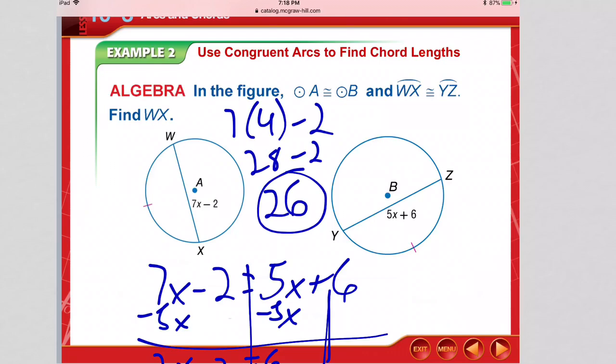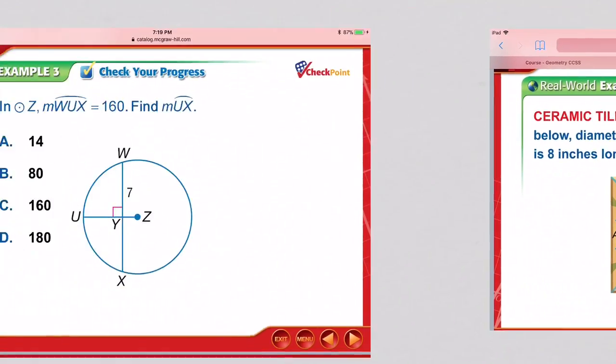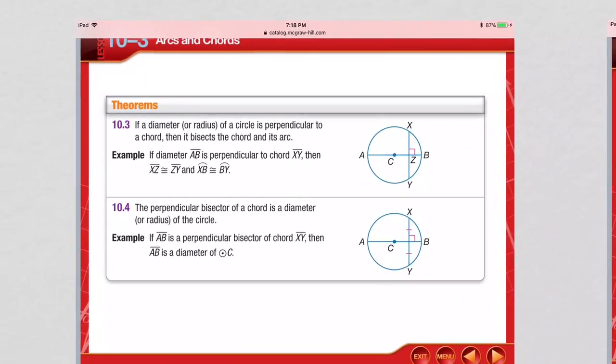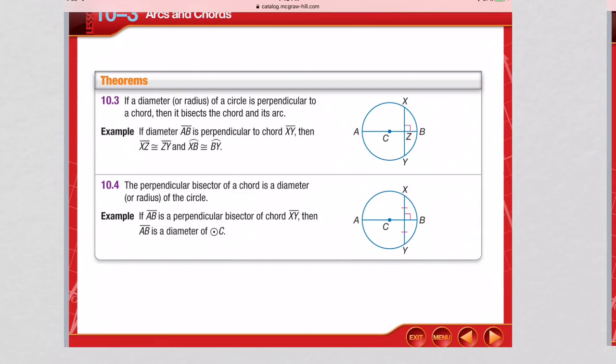So the next thing that we want to talk about here is a diameter or a radius. So it says, if a diameter or radius of a circle is perpendicular to a chord, then it bisects the chord and its arc. So it's telling me here, if I have this right angle where they intersect, then that means it bisects, so it cuts this arc in half.